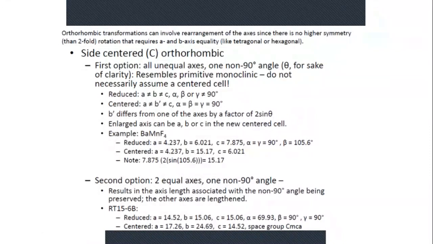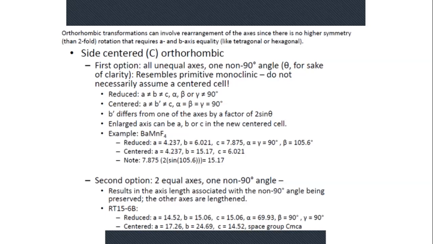Also know the 7 types of crystal systems, and understand that when you do a centering from primitive, you're usually going to increase the volume of the unit cell. And know that there are 14 Bravais lattices, which combine crystal system with centering.